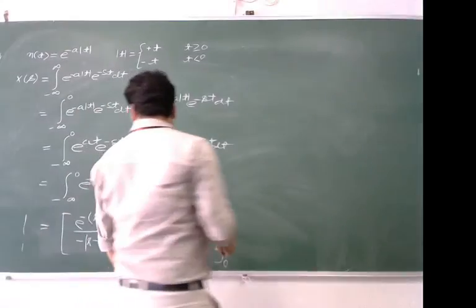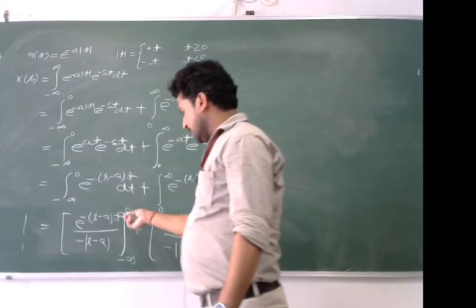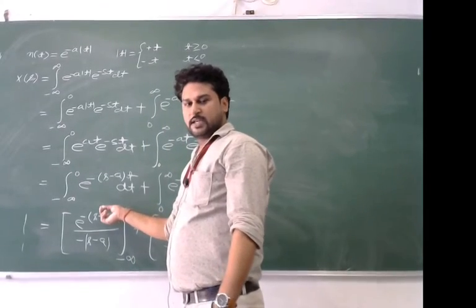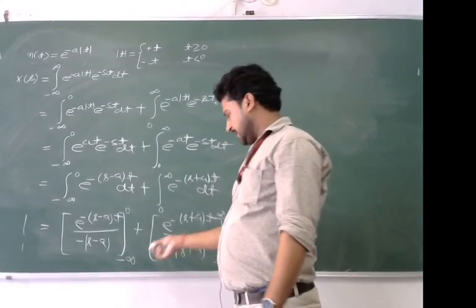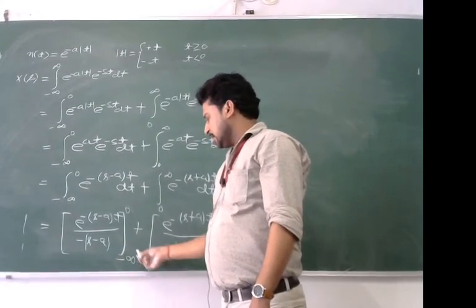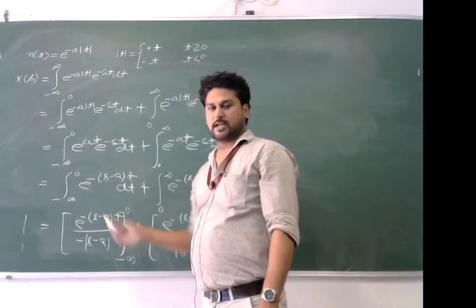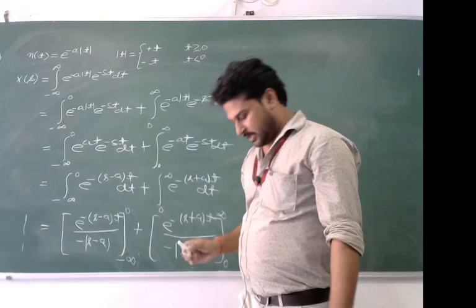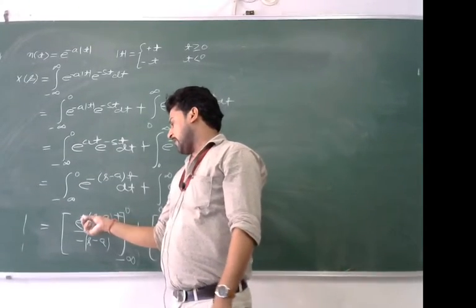Now, if I put t equal to 0 here, this becomes e power 0, which equals 1. And when I put t equal to minus infinity here, this becomes e power plus infinity, because the minus is already here. What we want is for this to become e power minus infinity.